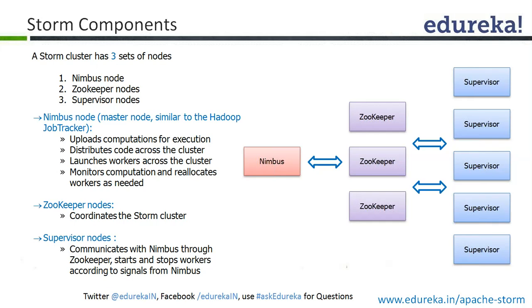In Hadoop version 1, since there is only one name node, it is a single point of failure. If the name node goes down, you cannot interact with your Hadoop cluster. Everything is down, your data is lost, unless you have a secondary name node kind of a thing. So here, do we have this problem? Looking at the architecture, apparently it looks like it, but it is not.